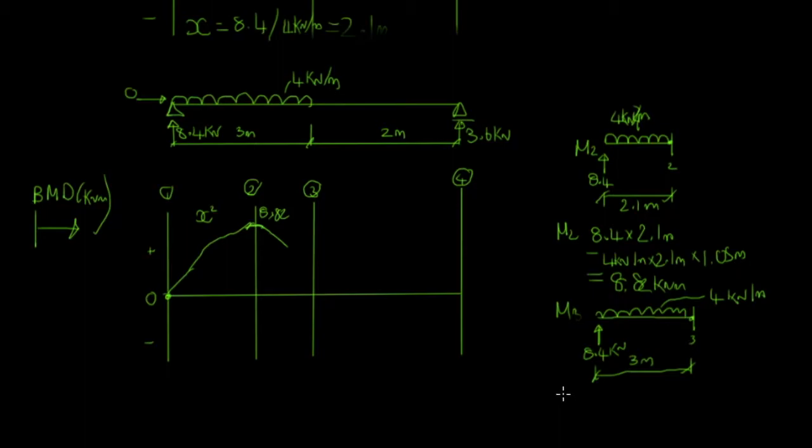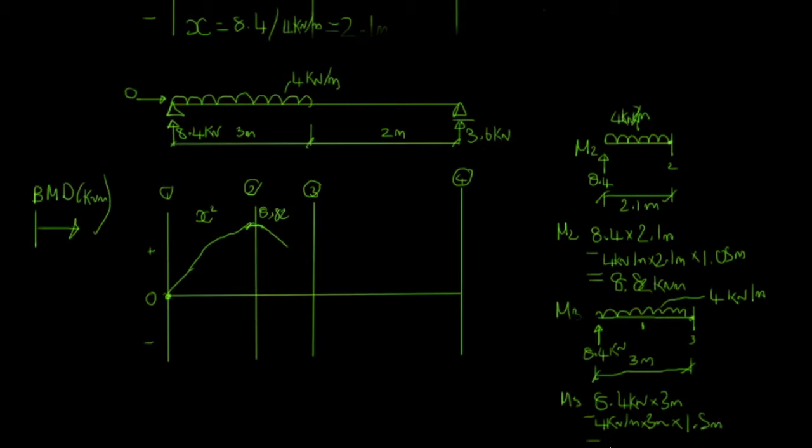So if we want to take the value of M3, we're going to have 8.4 kilonewtons times 3 meters, and that's our lever arm. Take away 4 kilonewtons per meter times 3 meters to get the total load, times by the lever arm, which is here, because we know the total force in our line load acts halfway between. Centroid is 1.5 meters.